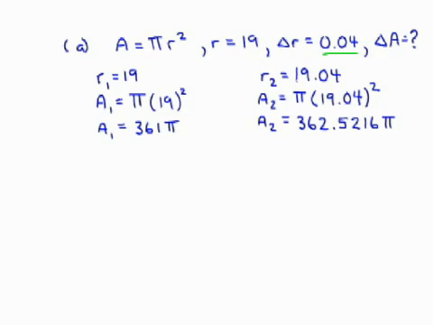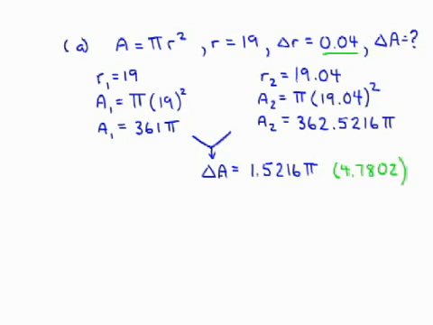That means that our change in our area, which is found by taking our A2 and subtracting A1, is going to be 1.5216 pi. If you wanted to convert this to a decimal, it would be approximately 4.7802.